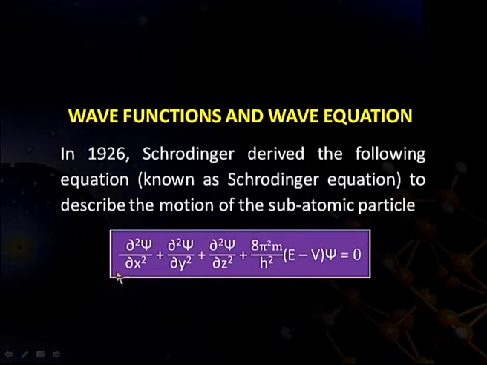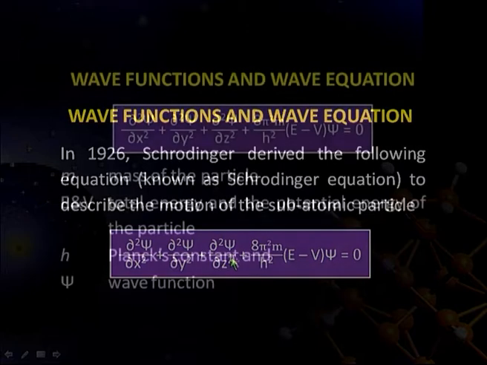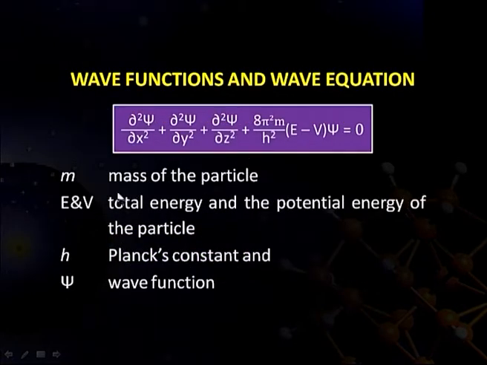This equation can be shown like this, where m is the mass of the particle, E and V are the total energy and the potential energy of the particle, h is the Planck's constant and psi is the wave function. However, for the solution of this equation, it is more convenient to transform the equation in terms of the spherical polar coordinates expressed in terms of r, theta and phi.